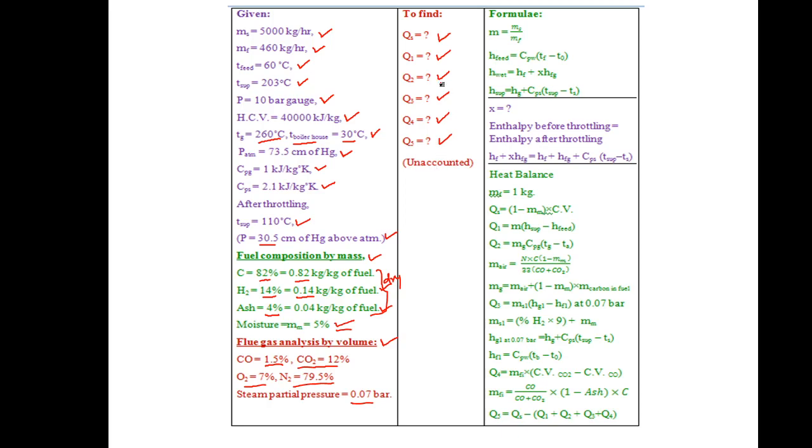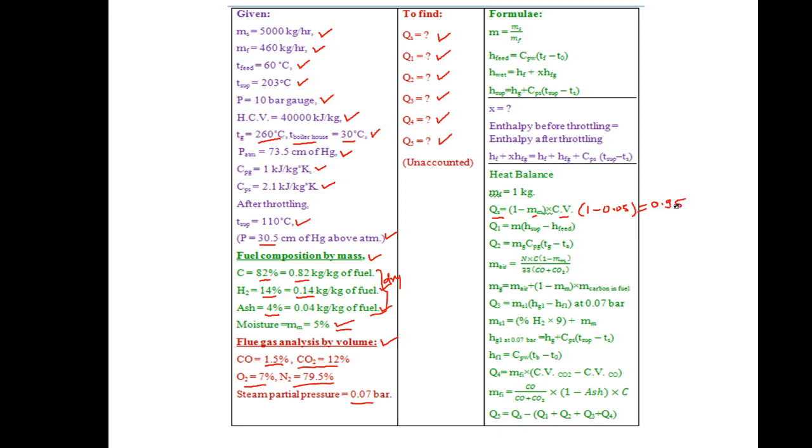So first we have to find out the amount of heat supplied, QS. QS is the amount of heat supplied by the combustion of fuel. QS can be obtained by the formula QS = (1 - mm) x CV. Say, for example, if we are going to burn 1 kg of fuel, it contains 0.05 kg of moisture, so only 0.95 kg is the fuel.